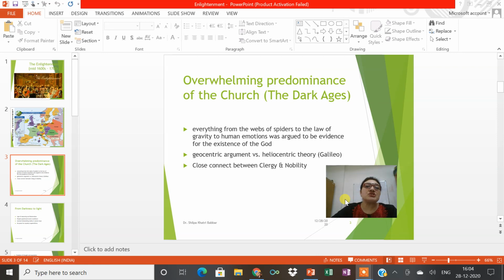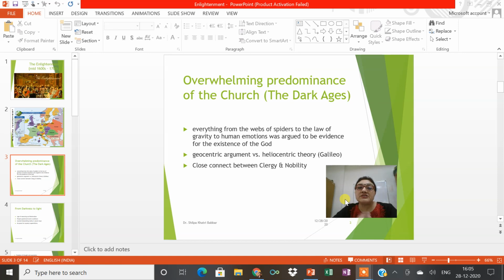The Catholic Church decided to condemn Galileo's heliocentric theory, which said that the earth and the planets revolve around the sun. The Church said that this argument goes against the Bible, against the fact that the Lord has made the earth stop in the sky.